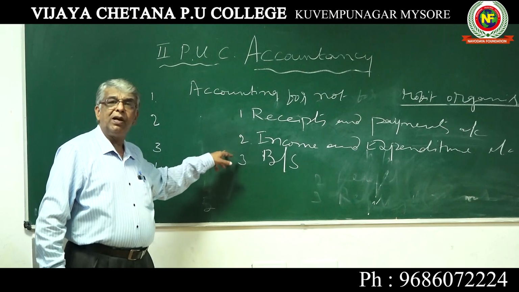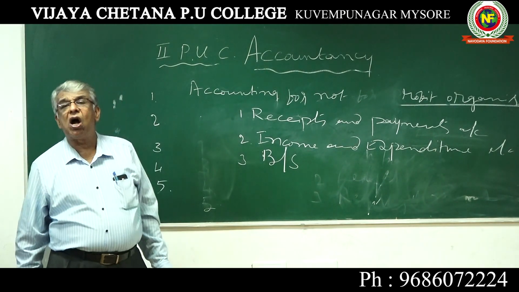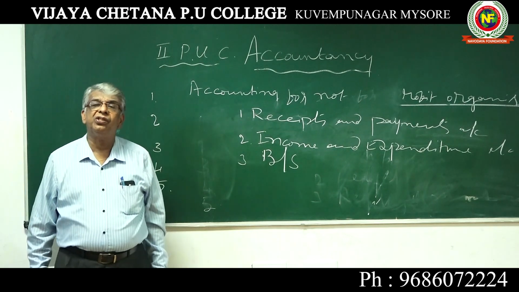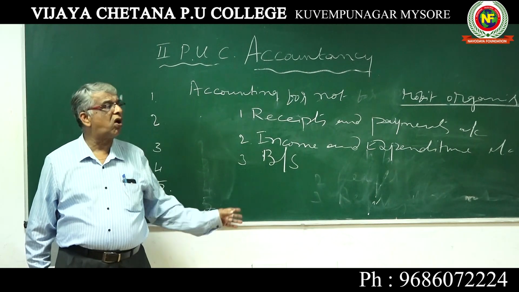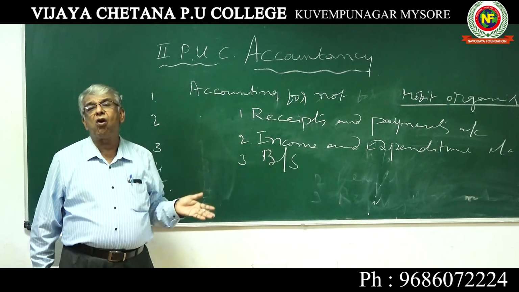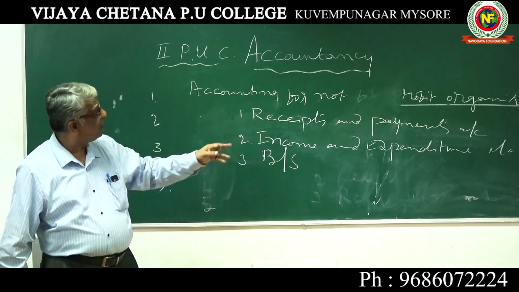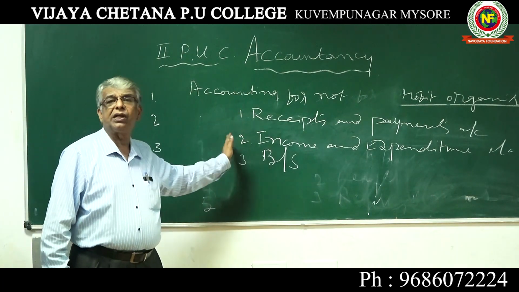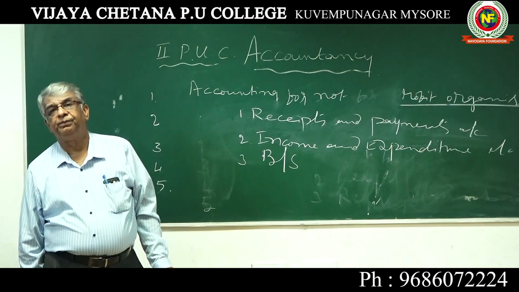This receipts and payments account, as you know, does not include outstanding items such as outstanding depreciation, that is, income earned but not received and expenses incurred but not paid. Only actual cash receipts and cash payments are to be recorded in the receipts and payments account.